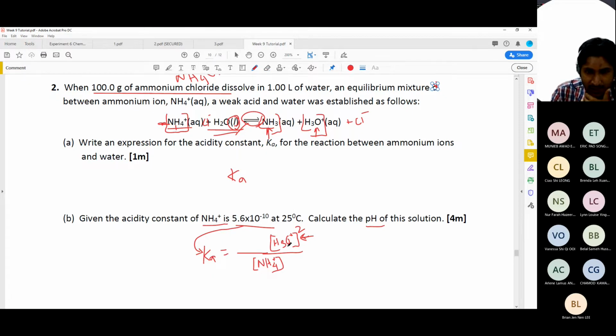So I have Ka, and I want this, but what about the ammonium? How do I find the ammonium concentration? Well, 100 gram of ammonium chloride is dissolved in 1 liter.